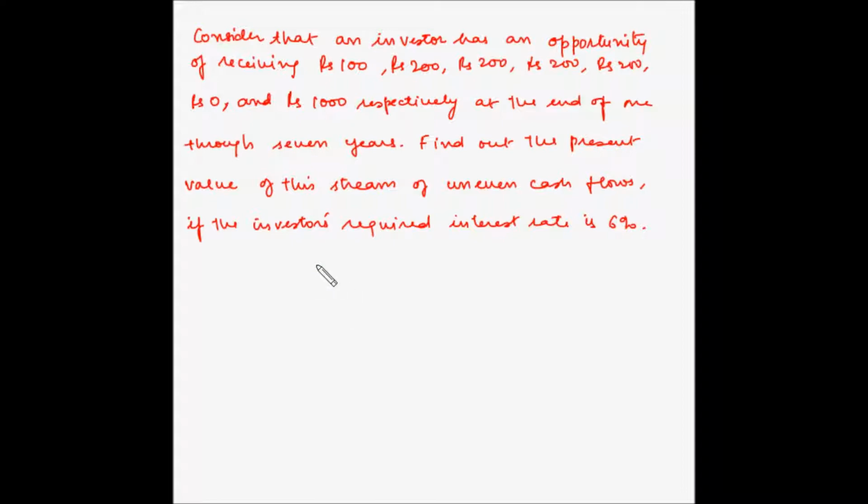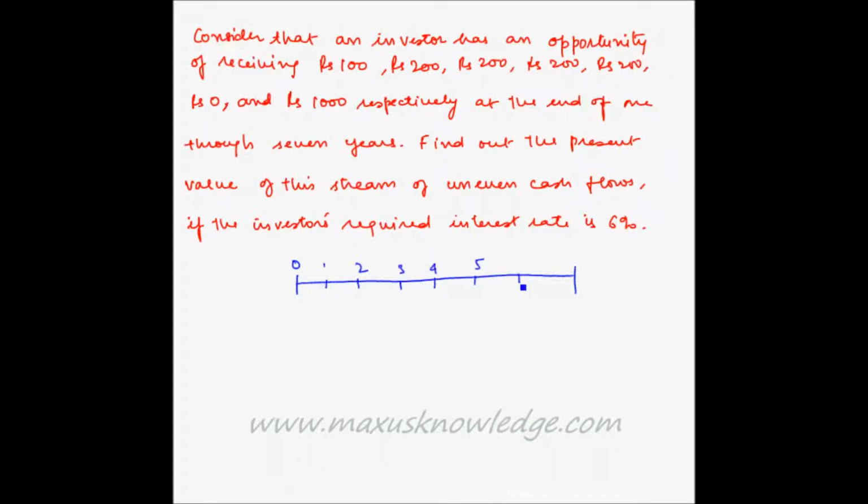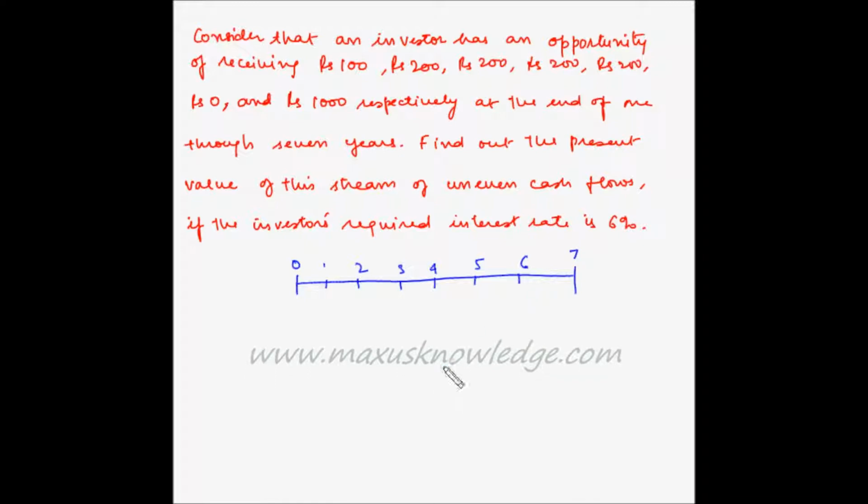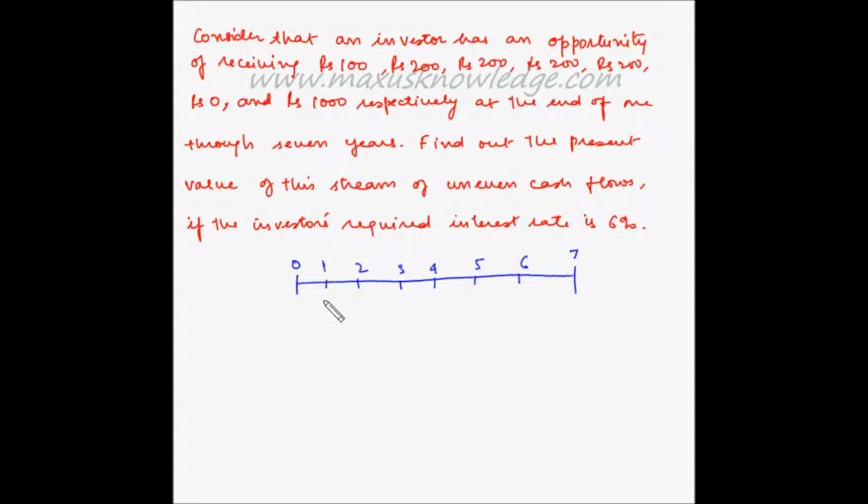So let us first represent this problem on a time scale. So this is 0, 1, 2, 3, 4, 5, 6 and 7. So total of 7 years. Now the first year, at the end of the year, the investor is receiving 100 rupees. At the end of second year, the investor is receiving 200.